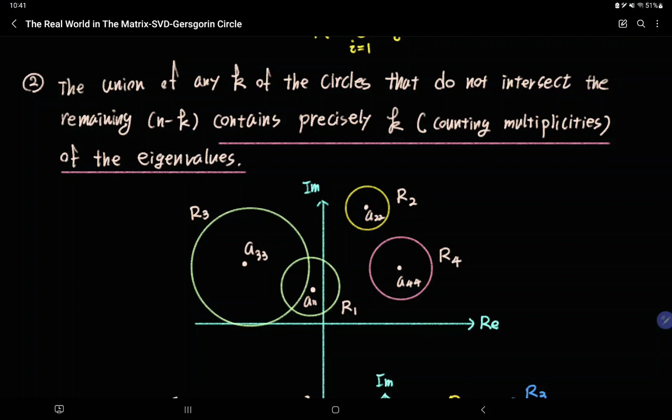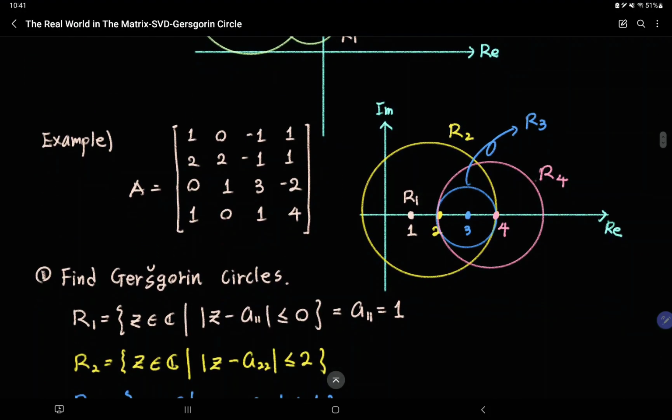We expect 4 eigenvalues, right? And you see that R2 and R4 do not intersect with R3 and R1. So R2 union R4 contains precisely two eigenvalues.